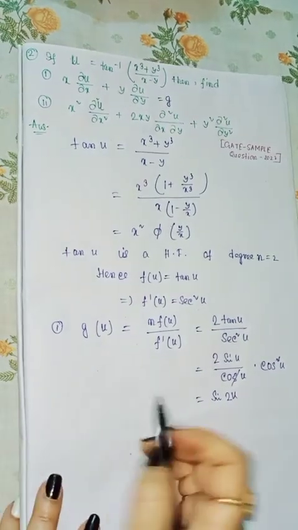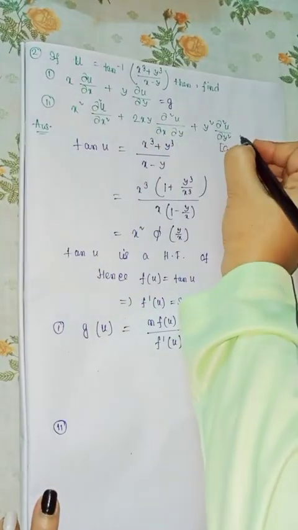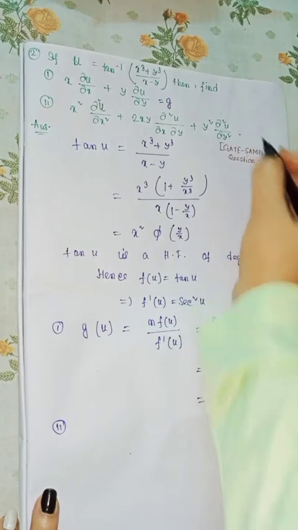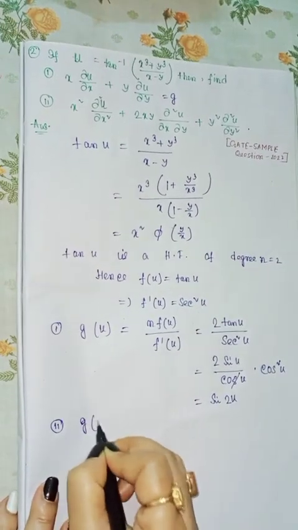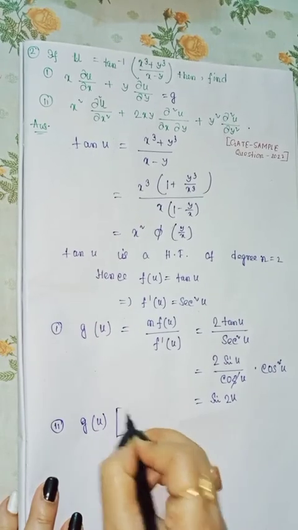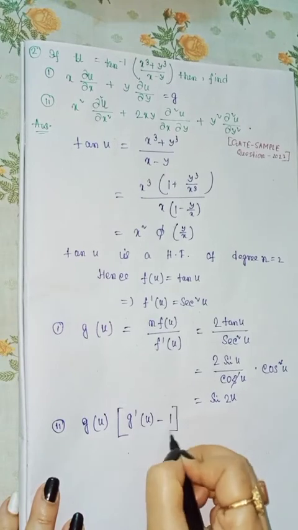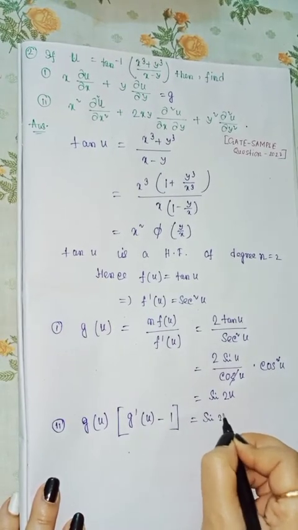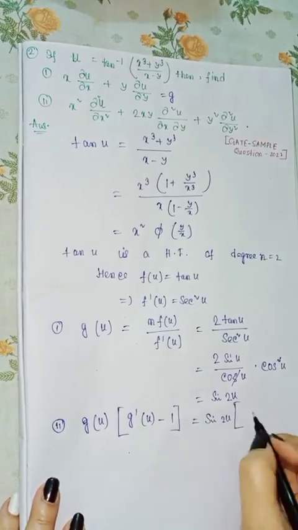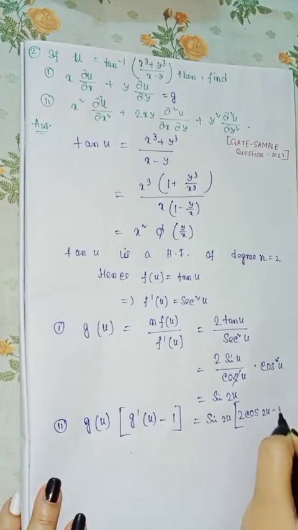Okay, so now number 2, this one we suppose is equal to g of u into (g dash u minus 1). So g of u is equal to sine 2u, and g dash u means twice cos of 2u, minus 1.